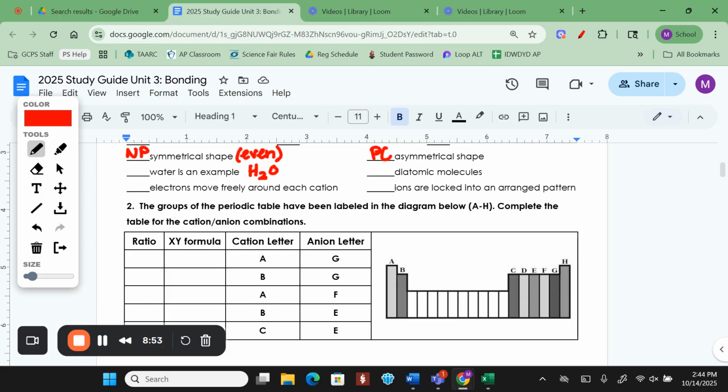Diatomic molecules. Di means two, atomic means atoms, and molecule means that they are bonded together. Two atoms bonded together and they're the same.